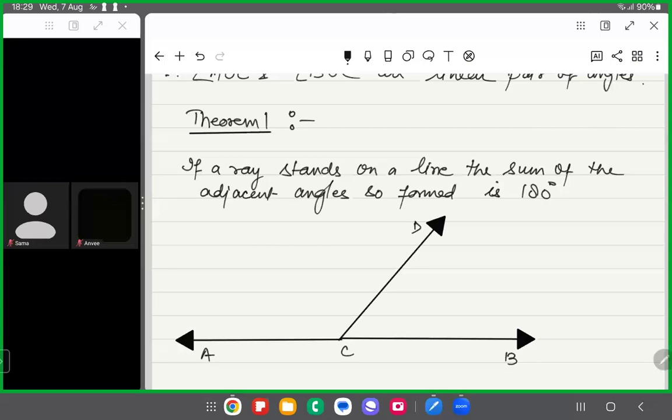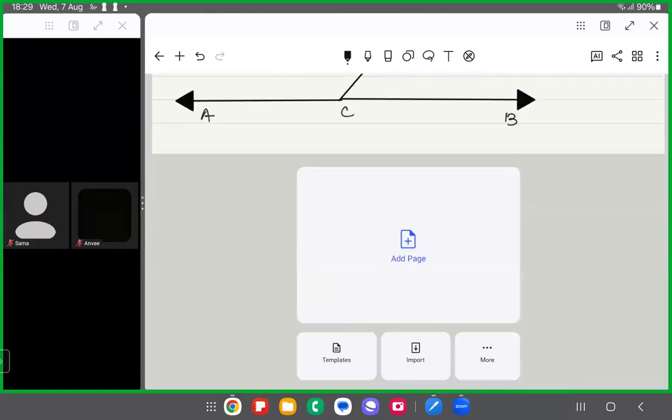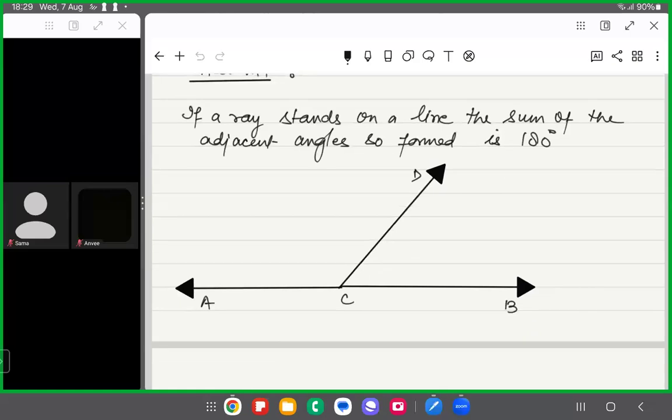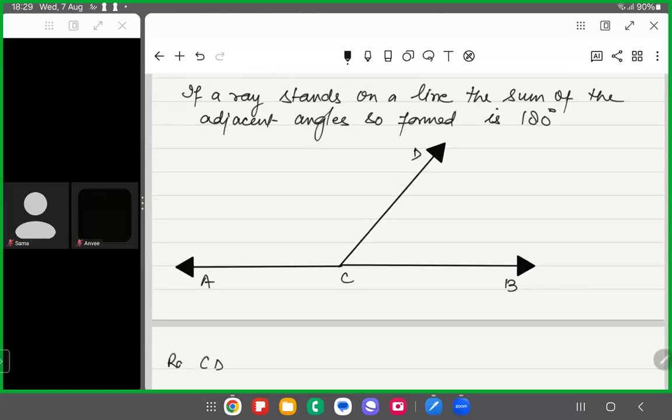So here, you can see that CD is a ray that stands on the line AB. So here, ray CD stands on a line AB. There is a line AB and CD stands on it. Okay. And this ray actually makes two angles. Therefore, two angles are formed, angle ACD and angle BCD.